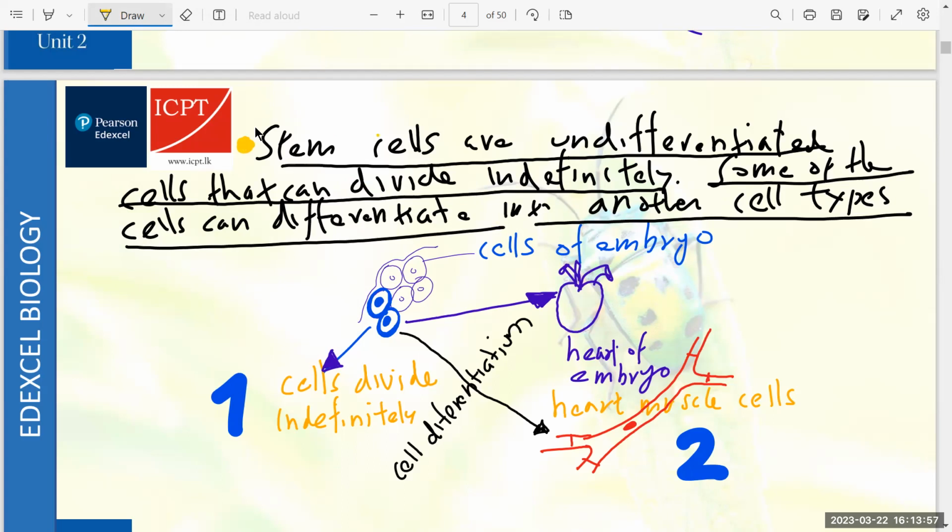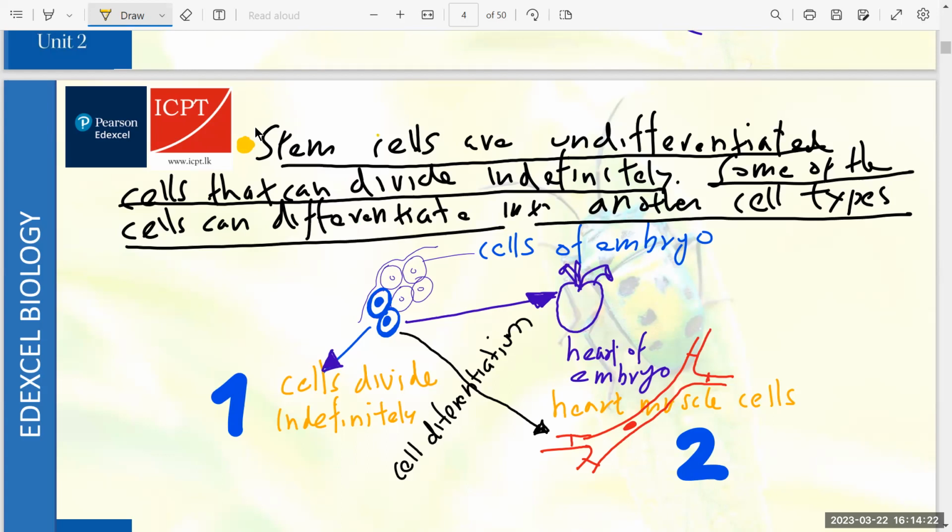Now we can learn this from the embryo, because when the embryo makes 8 cells, 16, 32 and 64 cells, they are the same. These cells are doing two things. One is dividing, and the other one is some of the cells changing.